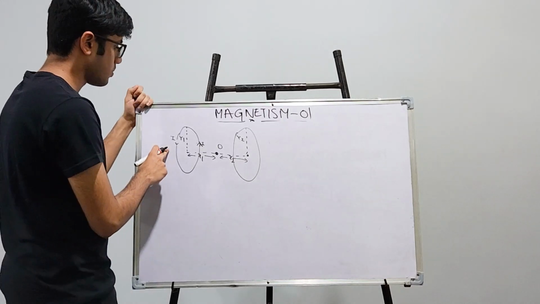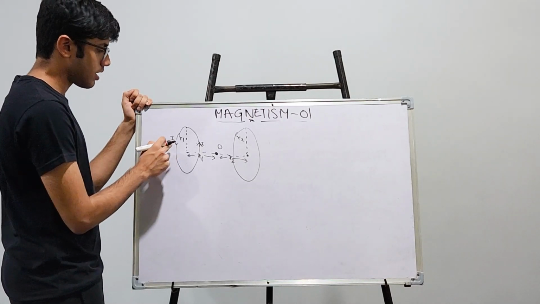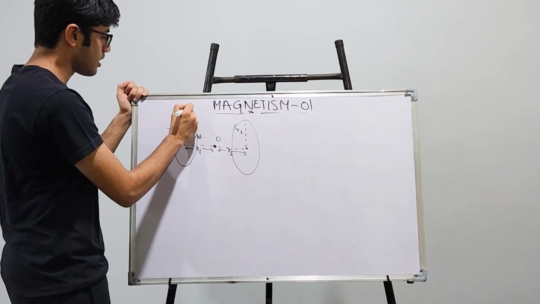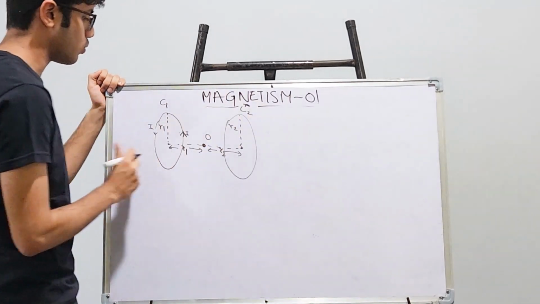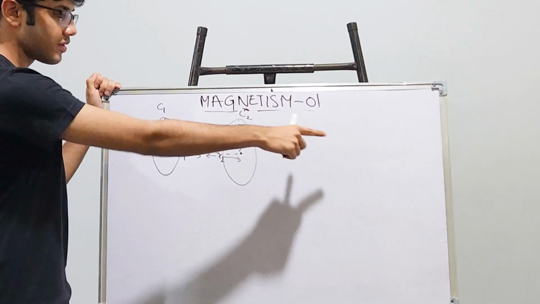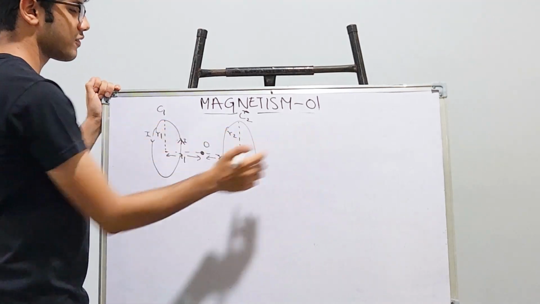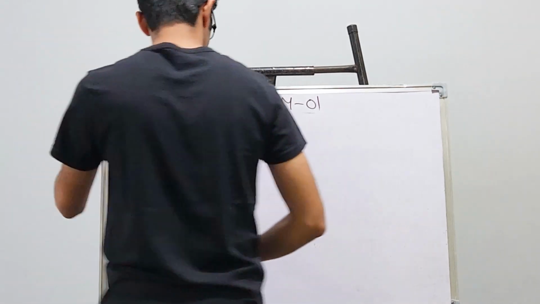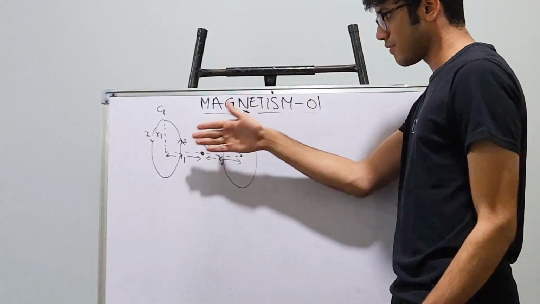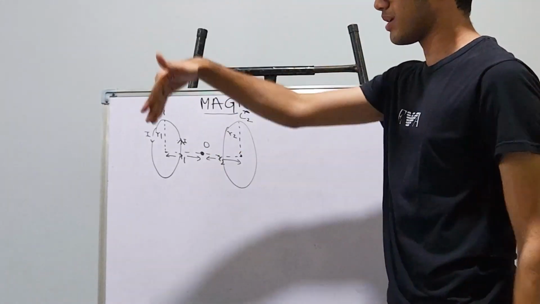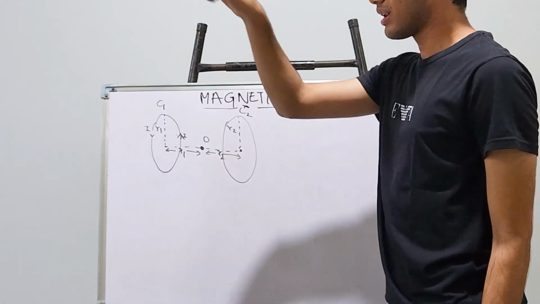Now we are given the direction of the current in this first coil, let's say C1. This is another coil C2. If an observer is viewing, if you can just visualize it, we are here and we are viewing this coil from here. It's like this coil is in front of me, and the current is moving like this.